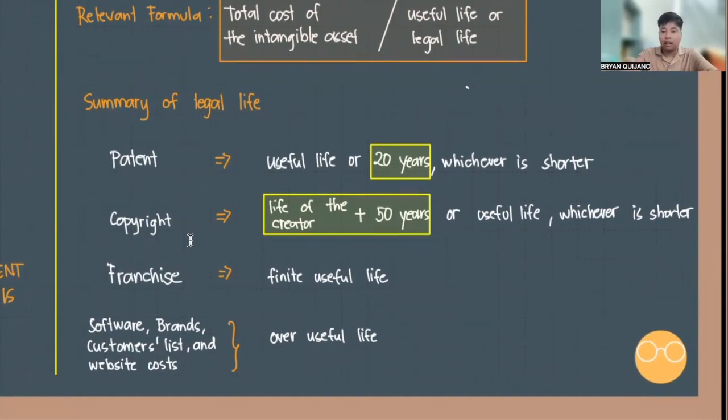For copyright, it is the life of the creator plus 50 years or the useful life, whichever is shorter. For the franchise, it can have a finite useful life or an indefinite useful life. For software, brands, customer lists, and websites, you will amortize them over their useful life.